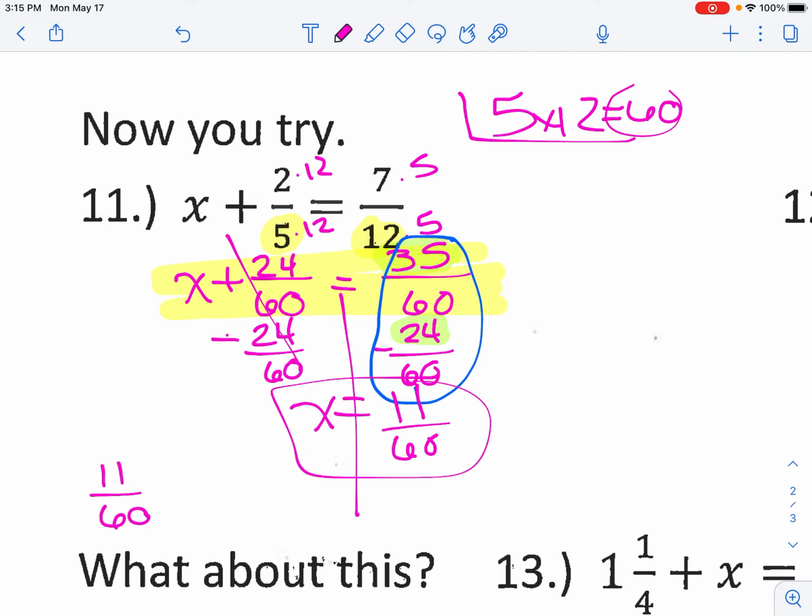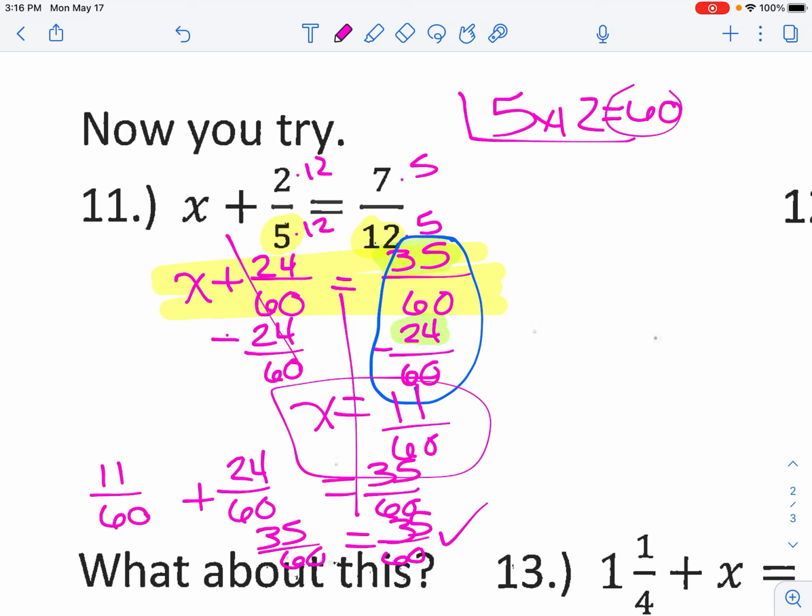So is 11/60 plus 24/60 equal to 35/60? Yes, 11 plus 24 is 35. 35/60 equals 35/60. Check. And we showed our inverse operation. We boxed our solution. We substituted for our variable, and we checked.